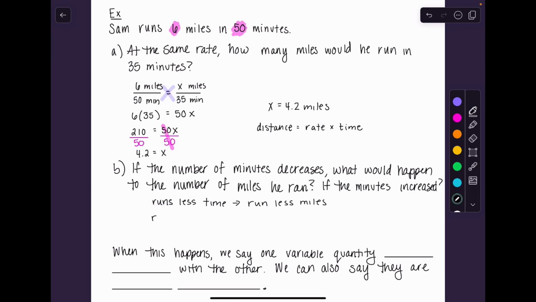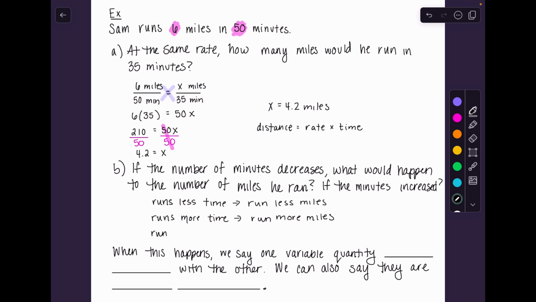If he runs for more time, he should run for more miles. Okay. So this kind of relationship is important for us because what's happening to one quantity is exactly happening to the other. But there is one extra stipulation that I'm going to add here.